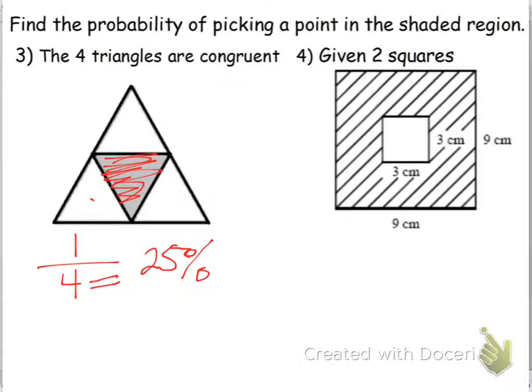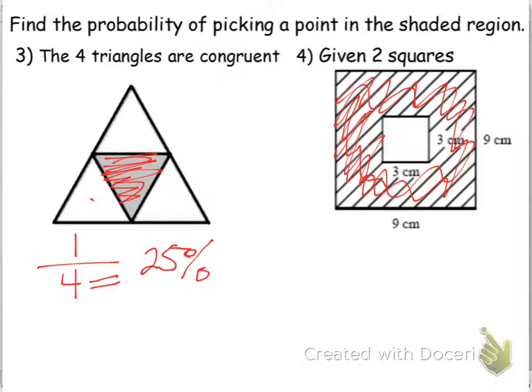Number 4, given the 2 squares, and it wants the area of just the shaded region. Okay, and so we're gonna get the area of the part that we want, and we're gonna divide it by the whole. So keep in mind the part that we want is just the shaded area. And so we need to get the area of just that part. Okay, we did this last time.